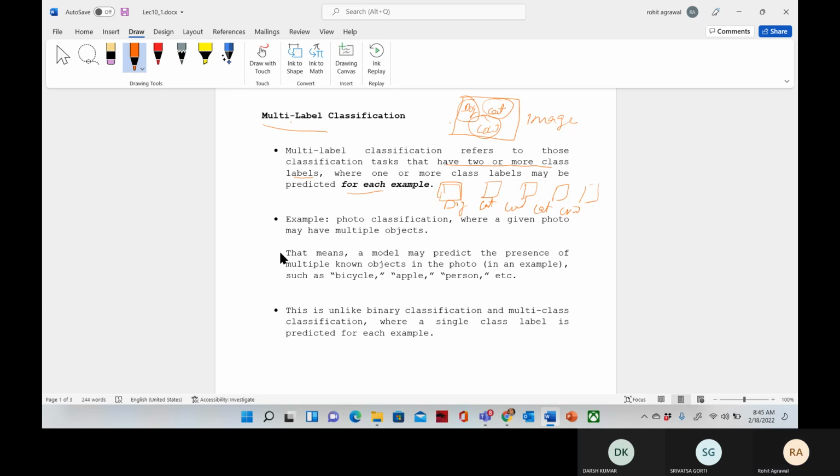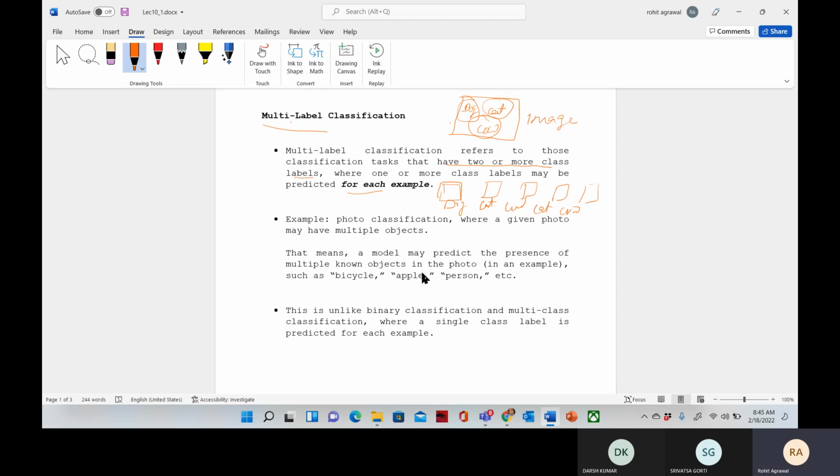Yes or no? Yes. Okay, so this is different from binary classification and multi-class classification, because in binary and multi-class classification we deal with a single class, where a single class level is predicted for each example.